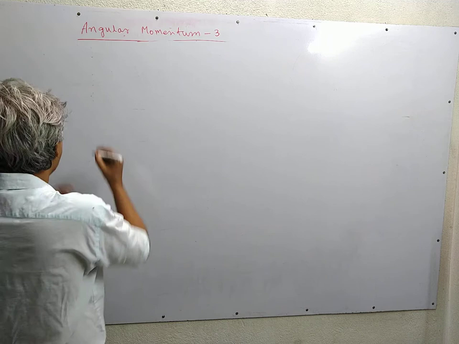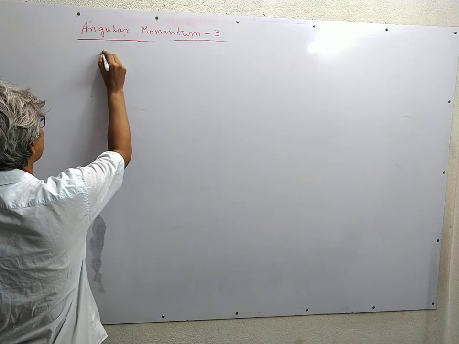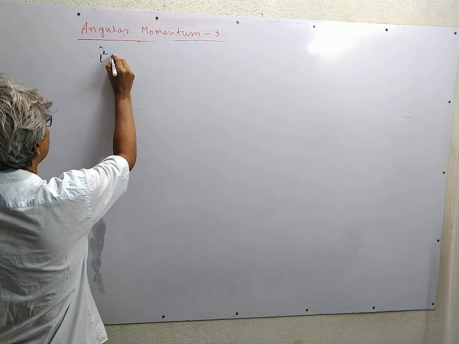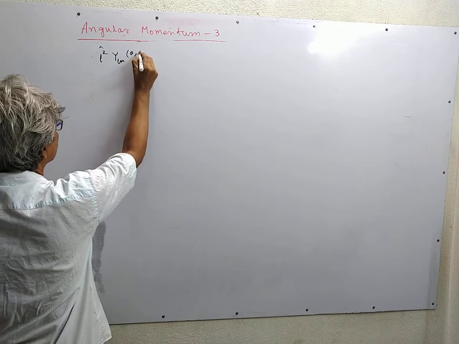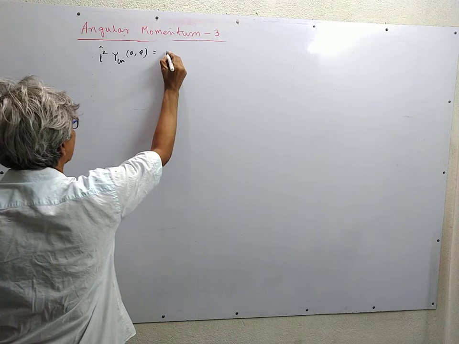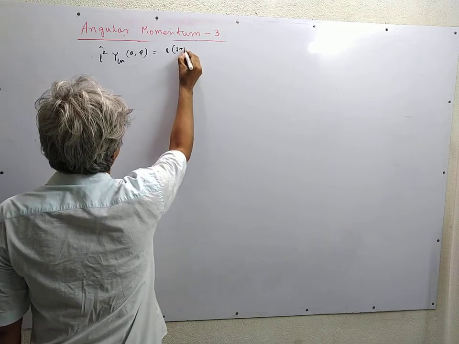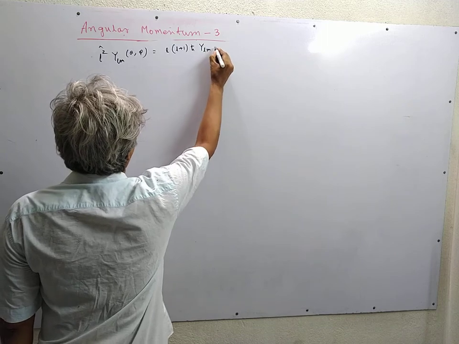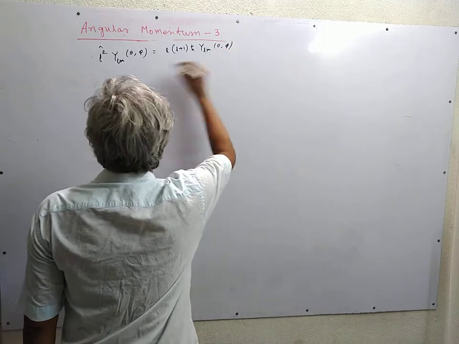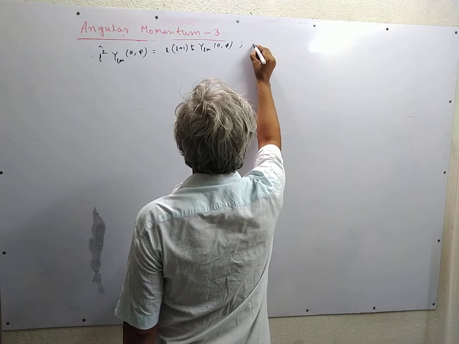In the earlier class on angular momentum, we obtained the simultaneous eigenfunction of the L square operator and the Lz operator, and we found that the simultaneous eigenfunction is the spherical harmonics Y_lm(theta, phi), with eigenvalue l(l+1)h cross square for L square, and m h cross for Lz.